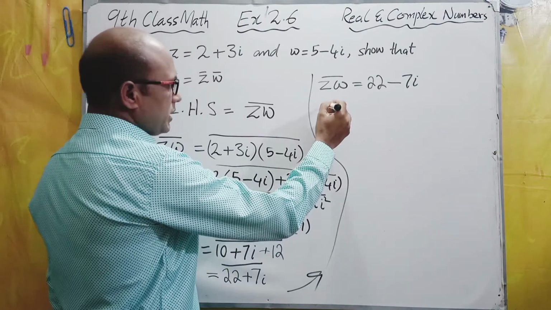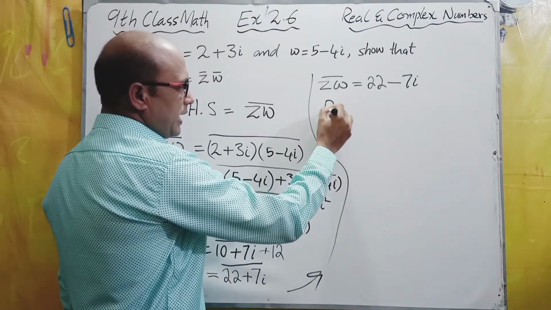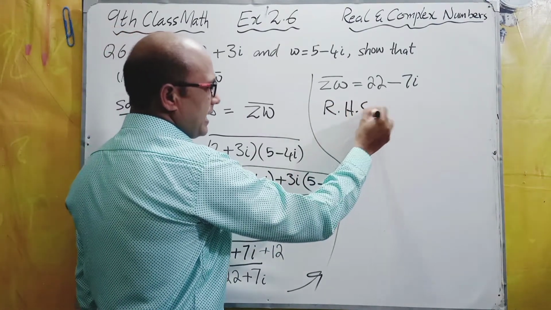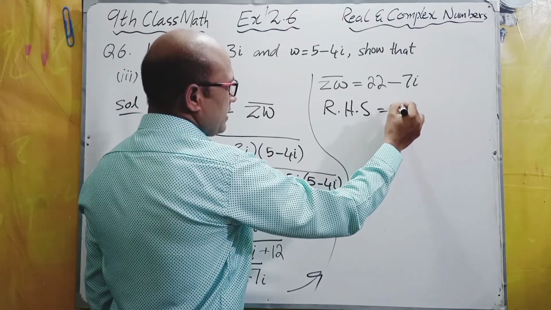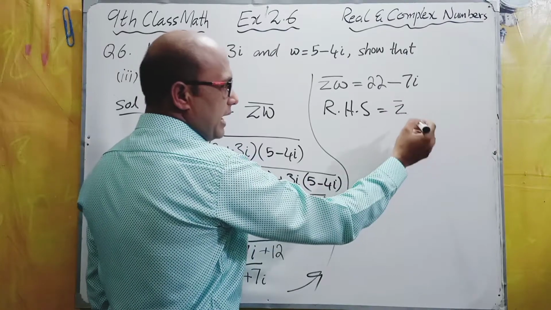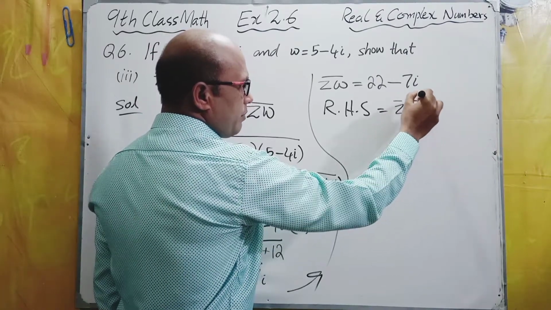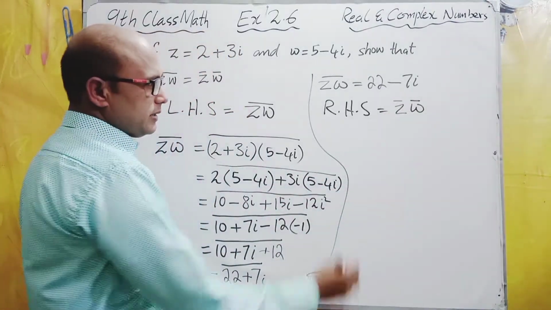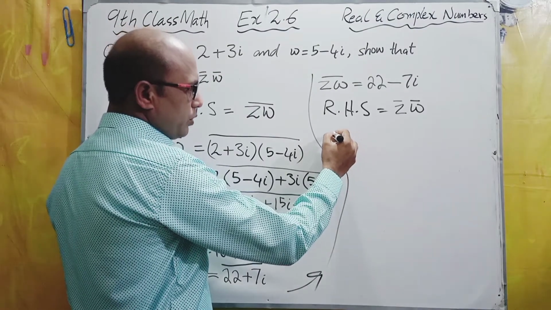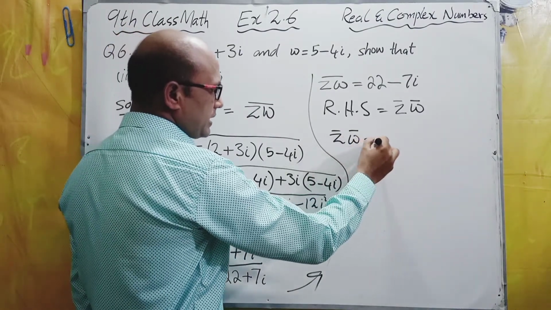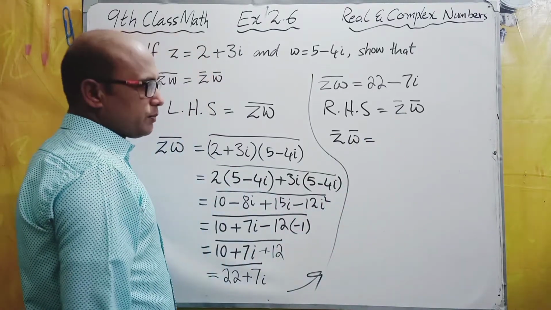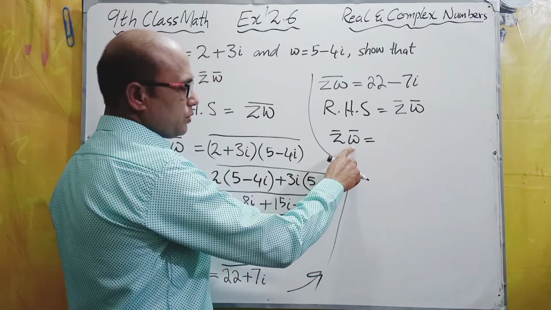Now students, it's turn to find the right hand side, which is z bar and omega bar separate. It is separate on both of them. z bar into omega bar is equal to, we'll put the values of these two.